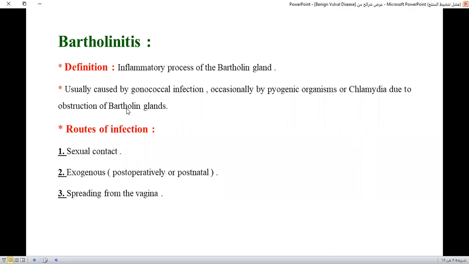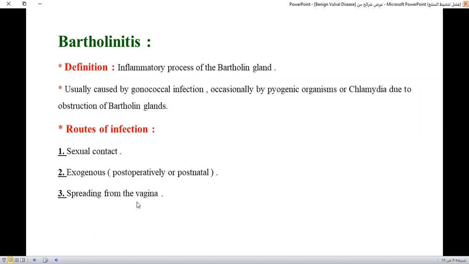Bartholinitis is an inflammatory process of the Bartholin gland. The cause is gonococcal and may be chlamydia, leading to obstruction of the Bartholin gland. What are the routes of infection? Either sexual, post-operative, postnatal, or spreading from the vagina.